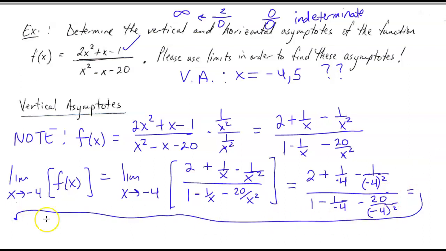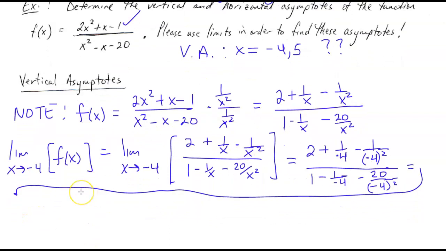All right, so if we go ahead and clean this up here, this is going to be 2 minus 1/4 minus 1/16 over 1 plus 1/4 minus 20 over 16.